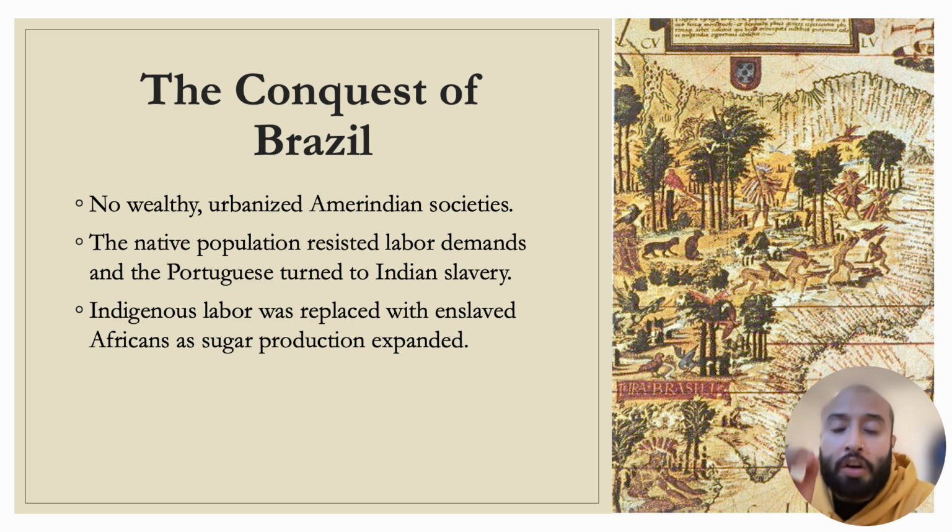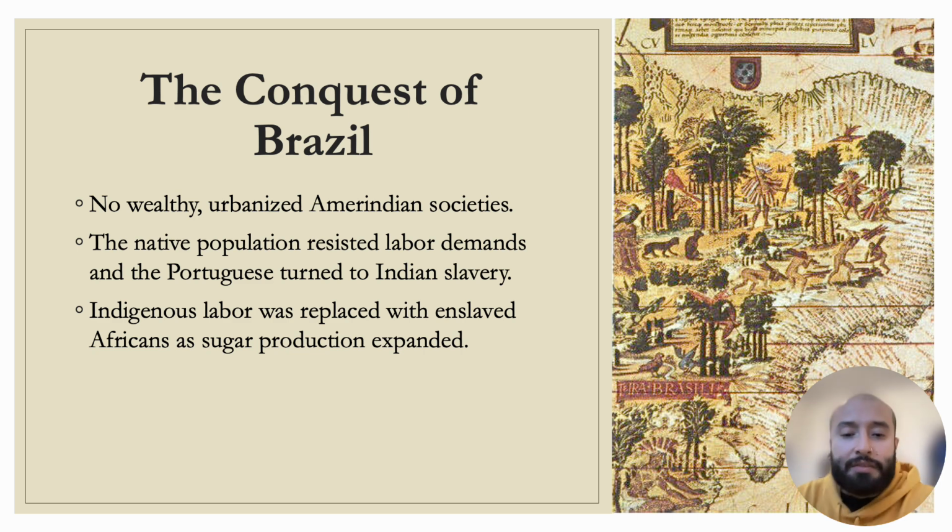But the conquest of Brazil is going to be very, very different than the conquest of Mexico and Peru by a very fundamental fact. Remember when we were discussing the different kinds of indigenous societies in the Americas, we talked about hunters and gatherers, semi-sedentary and sedentary populations, right? The conquest performed by the Spaniards was against sedentary populations, against the Incas and the Aztecs.